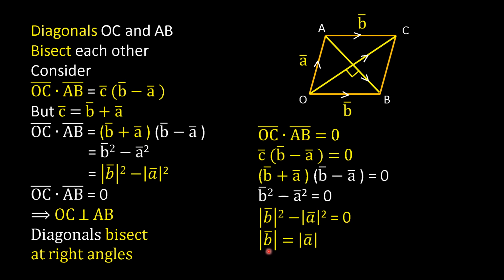That is mod B bar equals mod A bar, or length OB equals length OA, which proves that the adjacent sides of this parallelogram are equal. Now, whenever in a quadrilateral the diagonals bisect each other at right angles and adjacent sides are equal, then it is a rhombus.